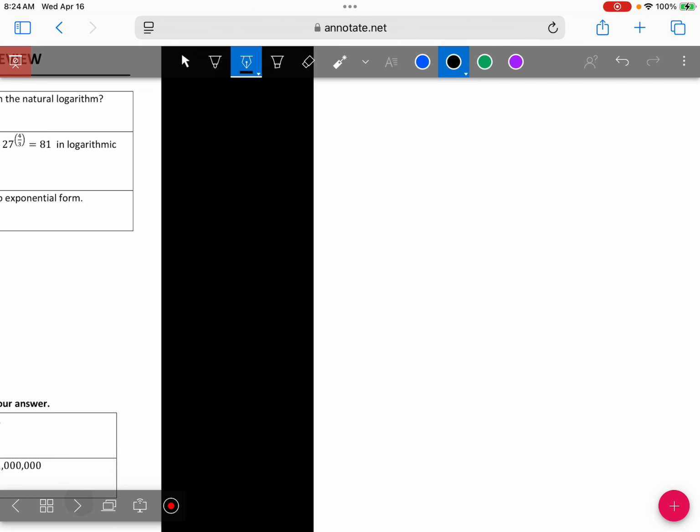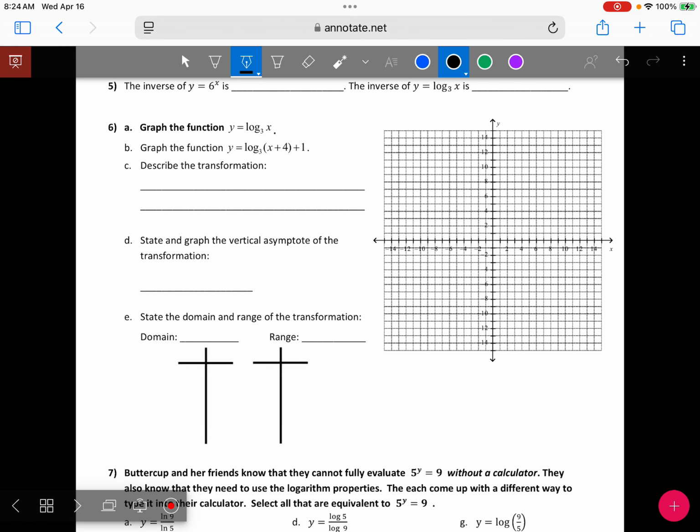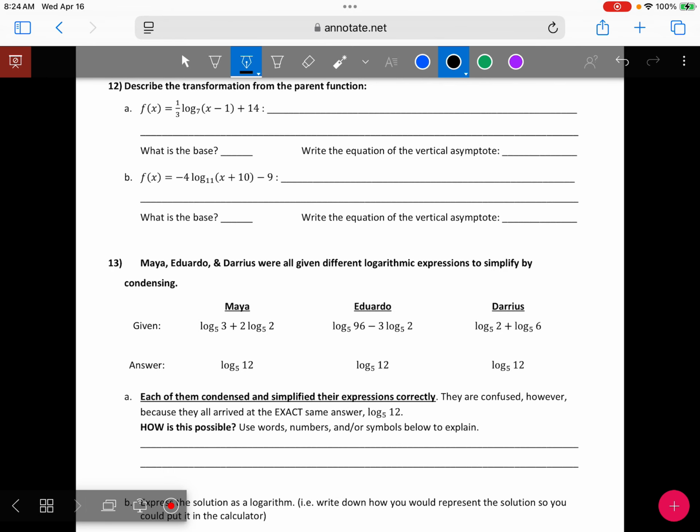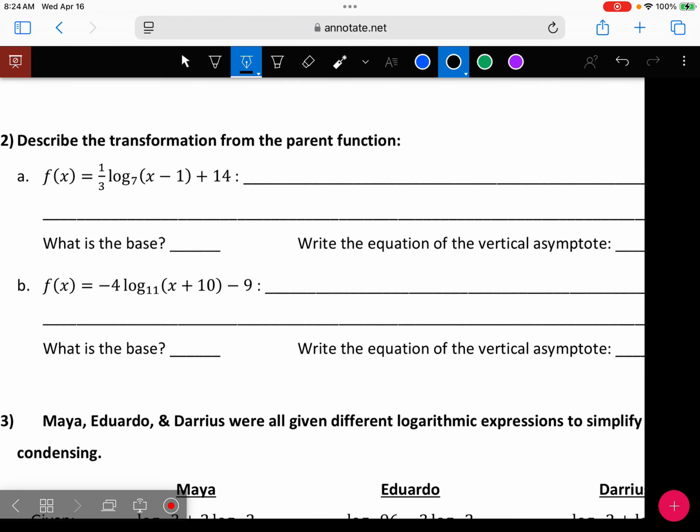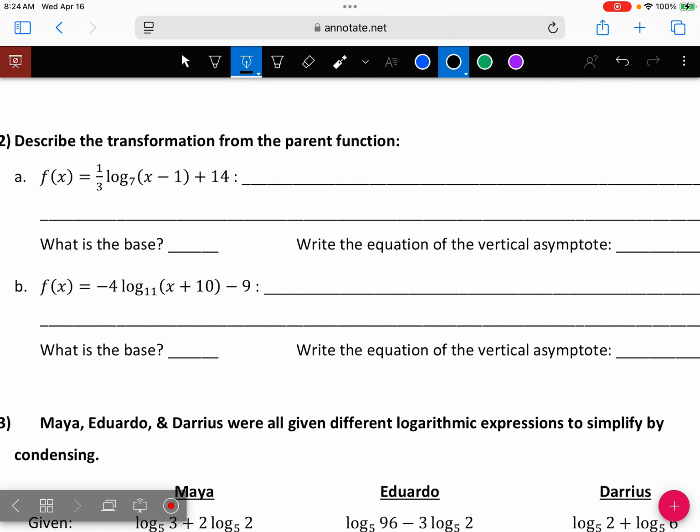Number 12. Let's see where that one is. Last page. Ah, describing the transformations. Sweet. So looking at number 12 up here, that's thinking about our transformation form, our graphing stuff, where we have our structure.